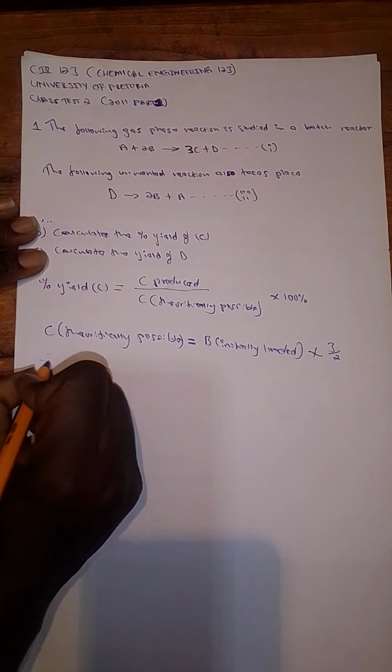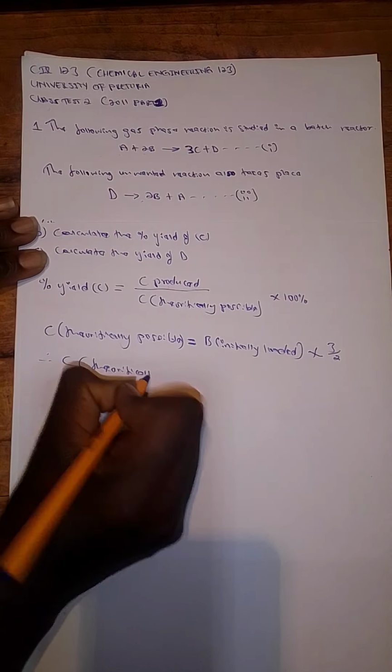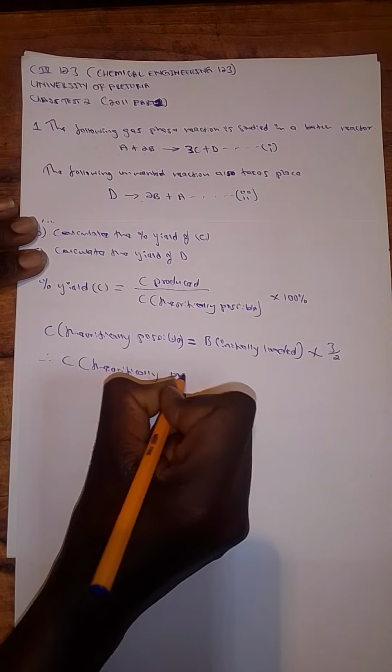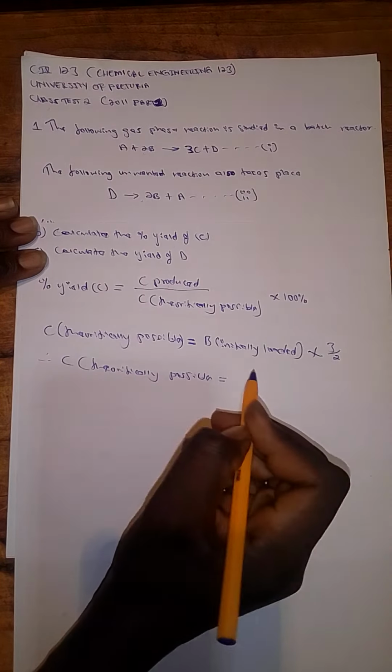So the C that is theoretically possible is equal to the B that was initially loaded.